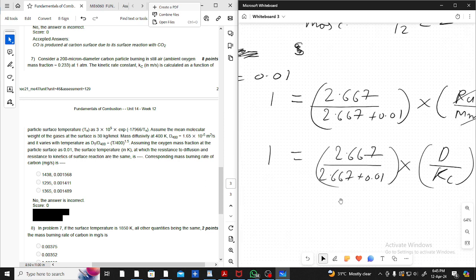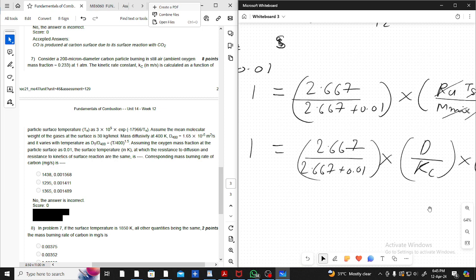Droplet radius. Rc is the droplet radius. The diameter is 200 micron, so the radius will be 100 micron. Rc is equal to 10 to the power minus 4 meter. And how can we calculate D and K? Can you tell me how to calculate D and K? What is D?